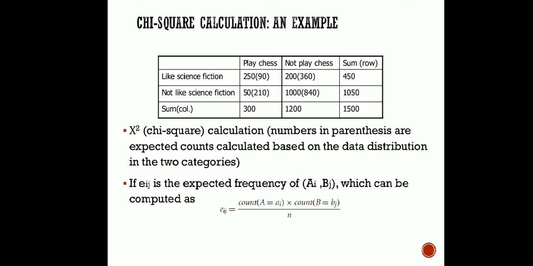You can see the formula here: the expected value is count of A equals AI and count of B equals BJ, divided by N. For the first value, we multiply these two: A equals AI, that is 250, and we have to find out B equals BJ.